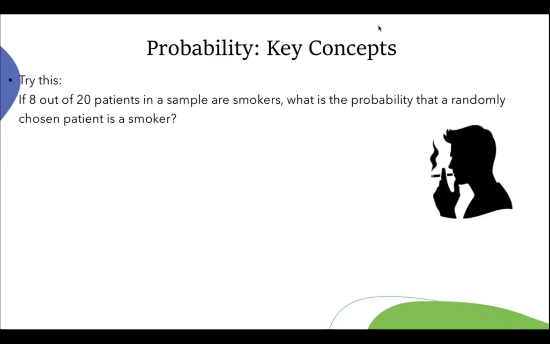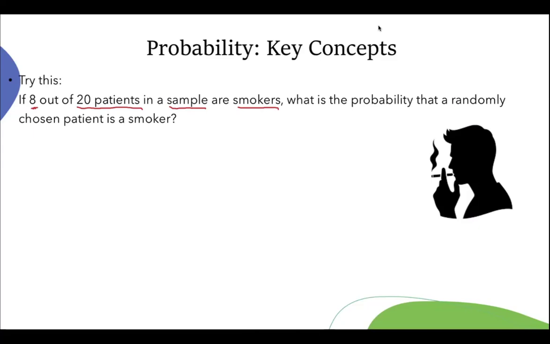Let's try another one. If 8 out of 20 patients in a sample are smokers, what is the probability that a randomly chosen patient is a smoker? So we have a sample, and the size of our sample is 20. We're told we have 20 patients. 8 of those 20 patients are smokers.